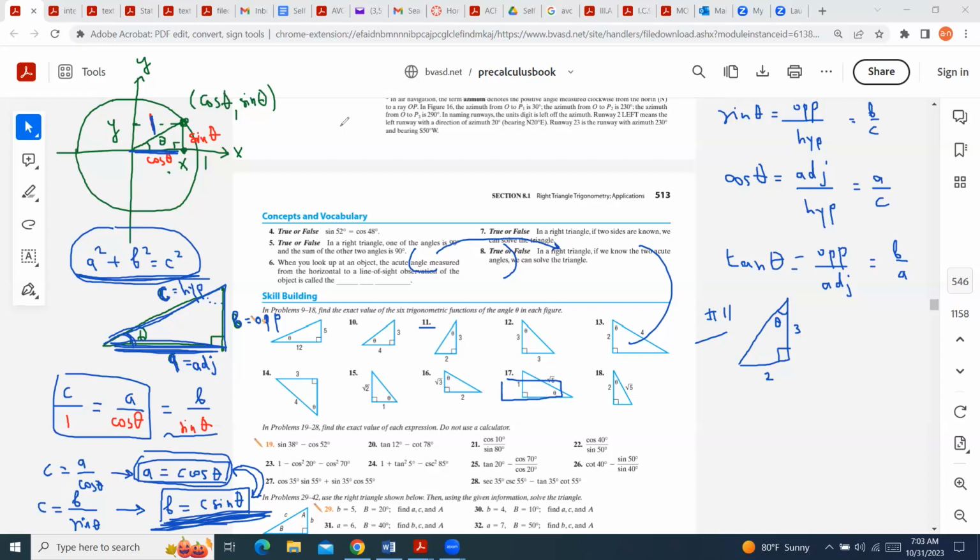Because if they don't, you never know if this is a right triangle, or maybe it's not 90 degrees but 89.9 degrees, you see? So nobody ever assumes that we have a 90 degrees angle unless they tell you, unless they put this little box. Then it's 90.